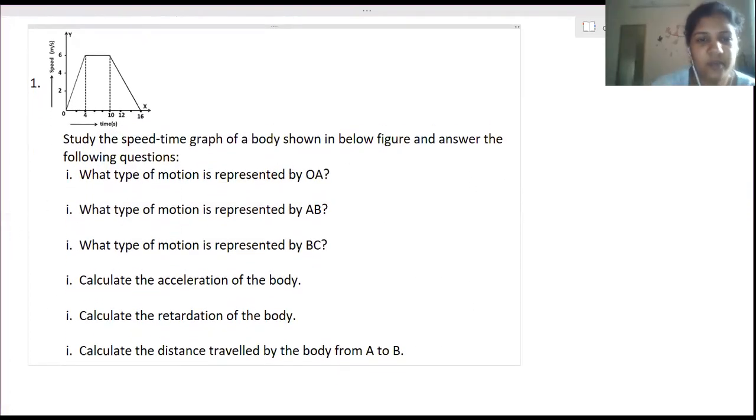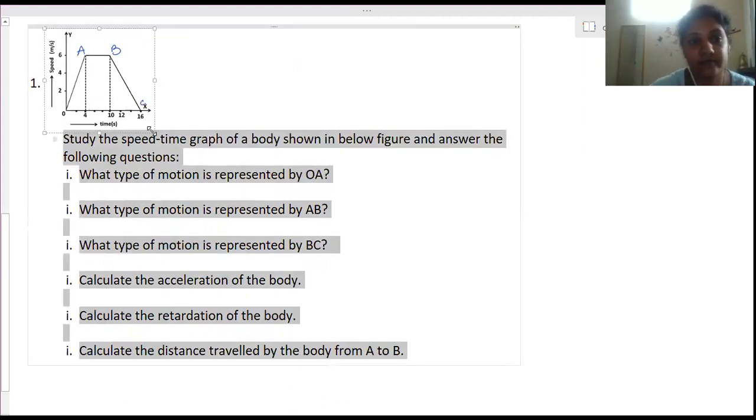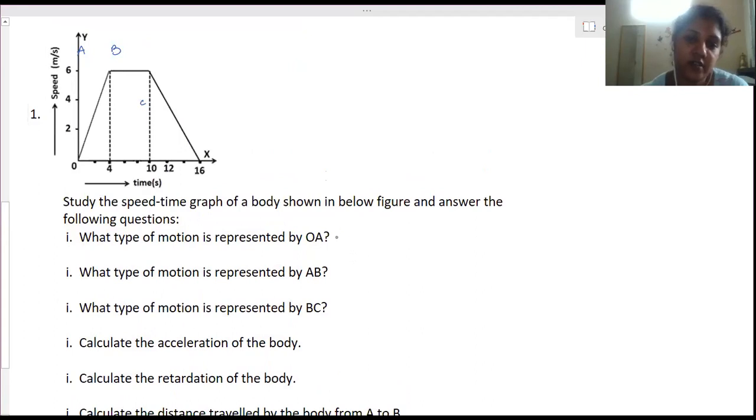Type of motion represented by OA. Where is O, A, B, and C? Yes, Vidyut. Ma'am, OA is uniformly accelerated motion. Uniformly accelerated. Okay.